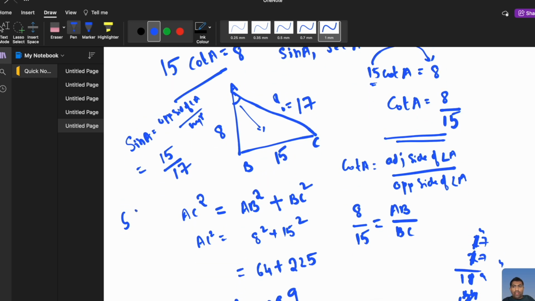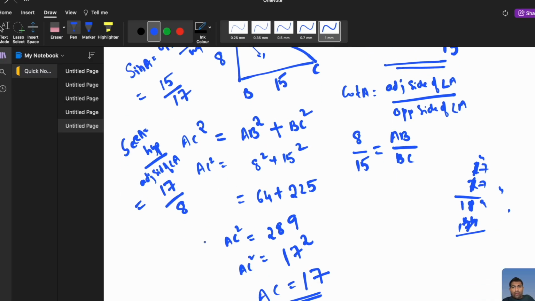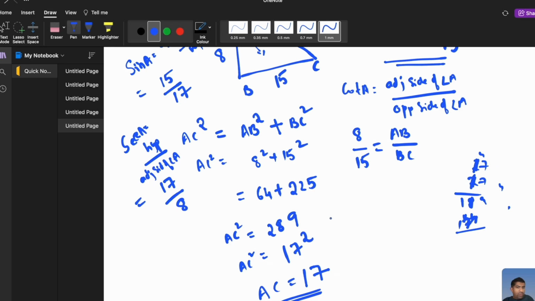Similarly, secant A is nothing but hypotenuse divided by the adjacent side of angle A. So hypotenuse is 17, divided by the adjacent side of angle A, which is 8. So finally we got sine A is equal to 15 by 17. Secant A is nothing but 17 by 8.